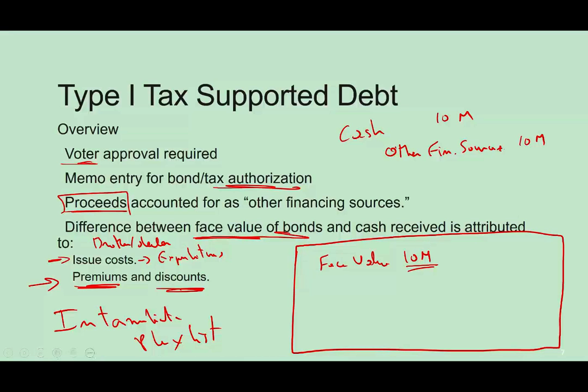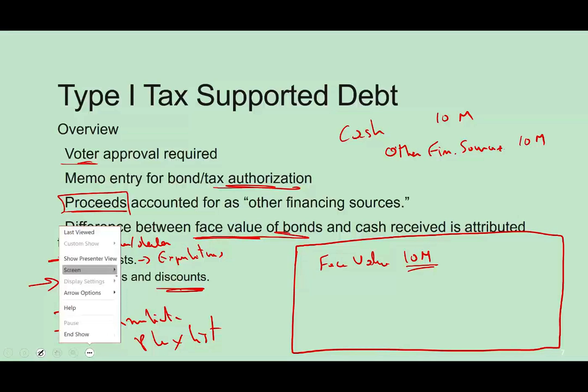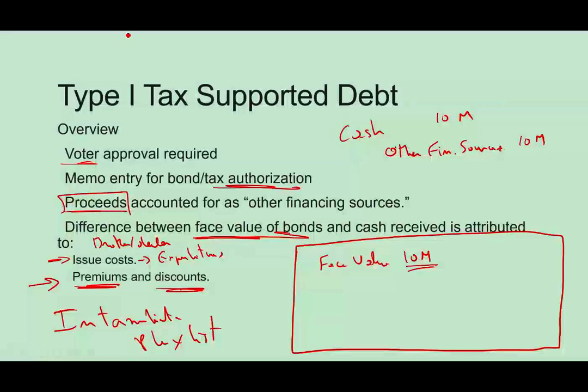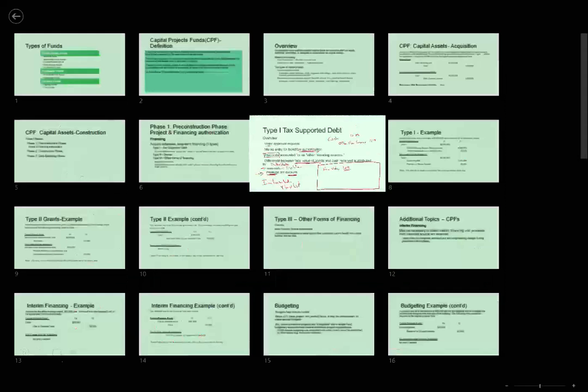So how does premium and discount work? Let's assume the government wants to borrow $10 million. They go to the market and tell the market, we would like to borrow $10 million.